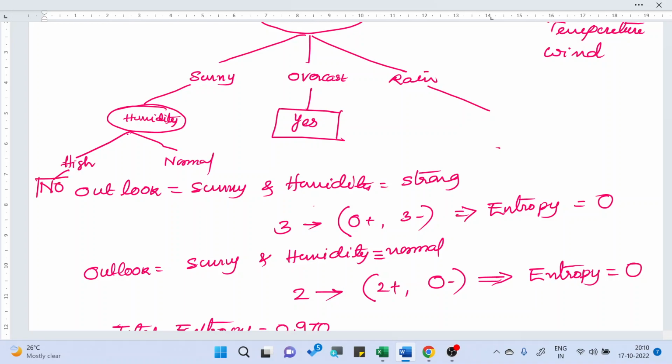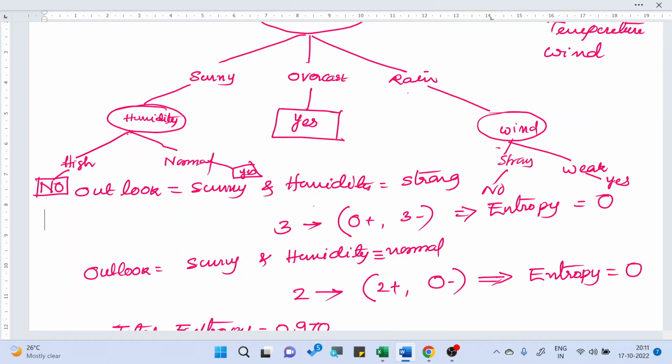So here we got one decision, here we got another decision, yes. So here we need not place anything. Again we have to calculate information gain for rain, for wind and temperature. Then we can complete the tree with similar calculation. Here will come wind, and if wind is strong, no, and wind is weak, yes.